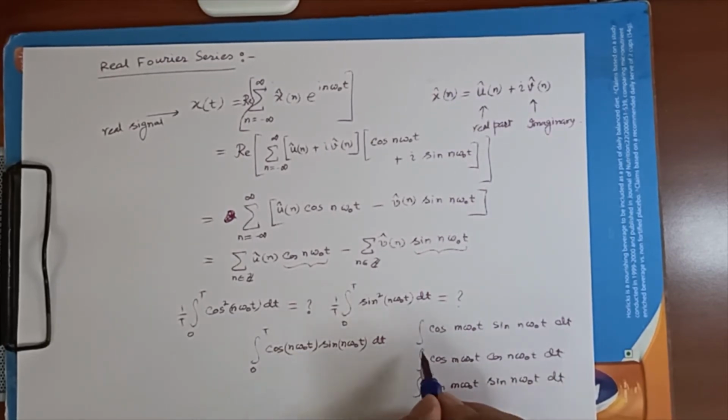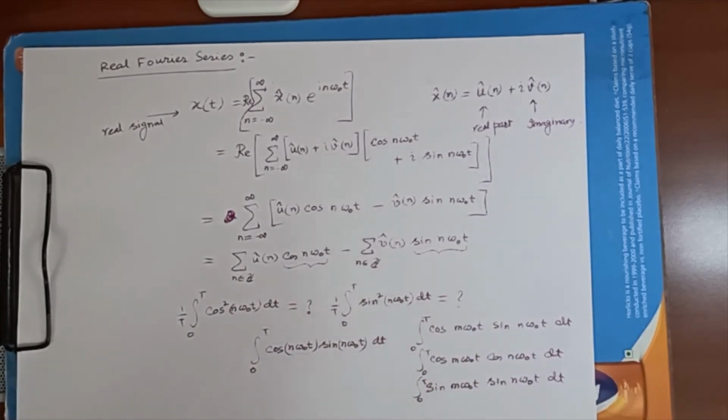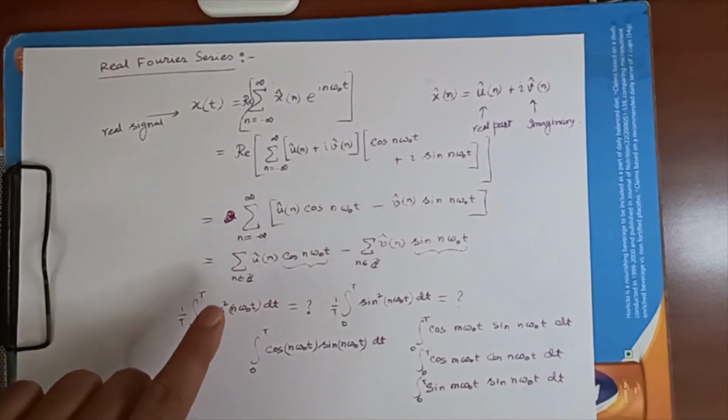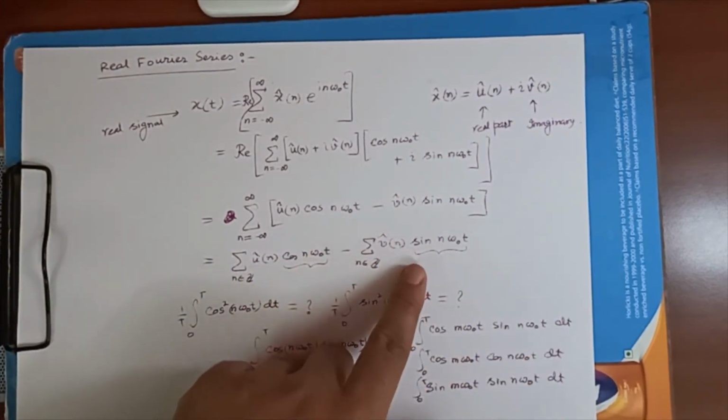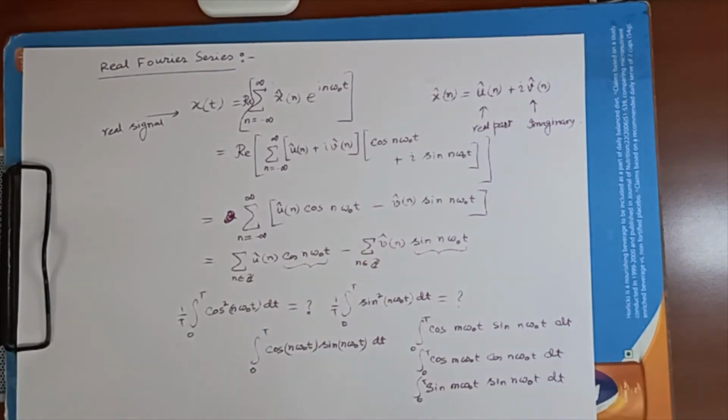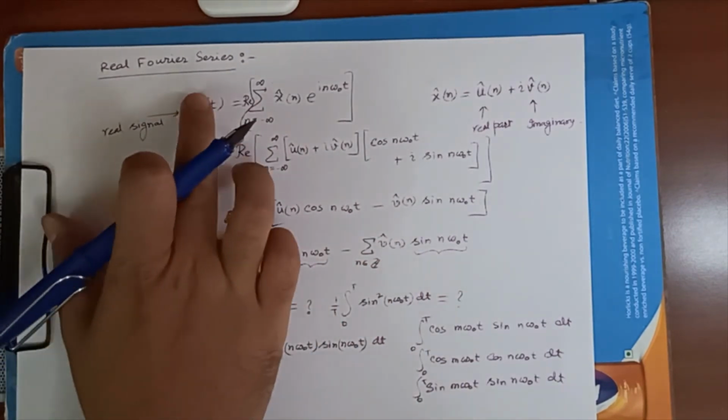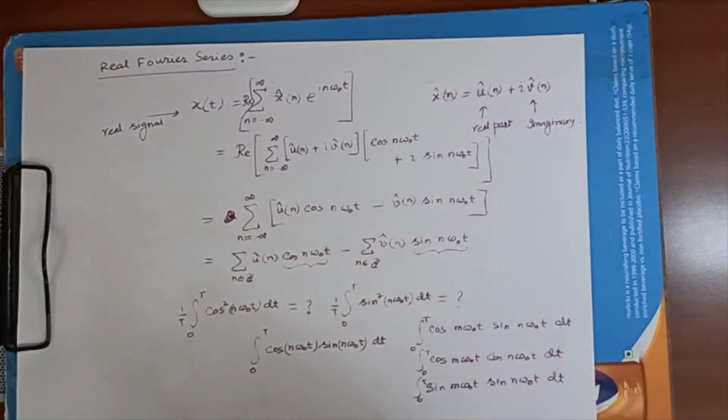These integrals you check between 0 to capital T. You will see that all these are 0. So they are really legitimate orthonormal basis functions, and you can compute this u hat n and v hat n separately using these sines and cosines as basis functions as well. So basically projecting this real signal over those sines and cosines separately, that will also work.